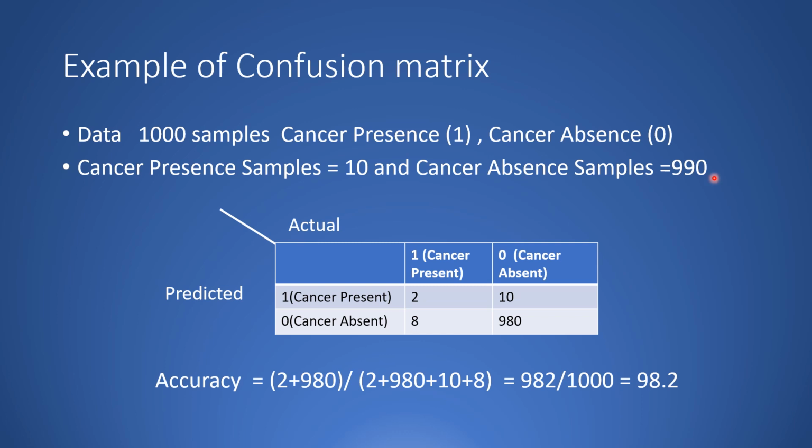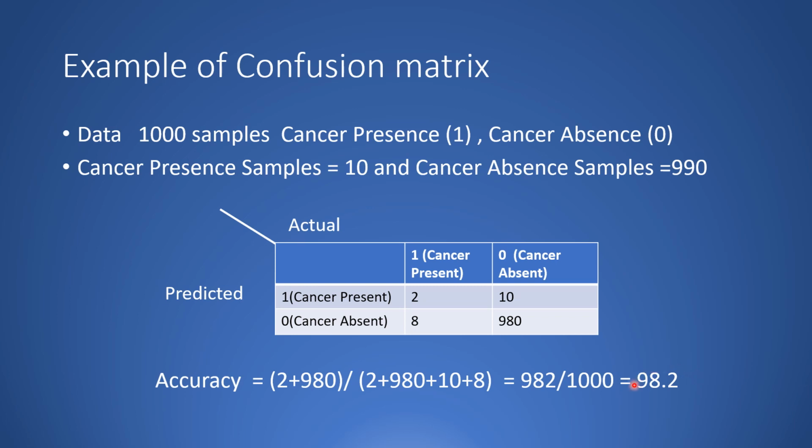And out of 990 samples where cancer is absent, it predicts 980 samples as cancer absent and 10 samples as cancer present. So this is your true positive, this is your true negative, this is your false positive, and this is your false negative.